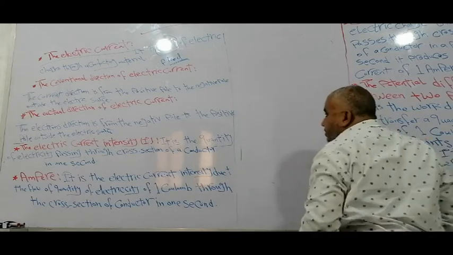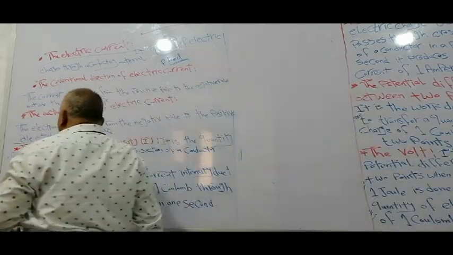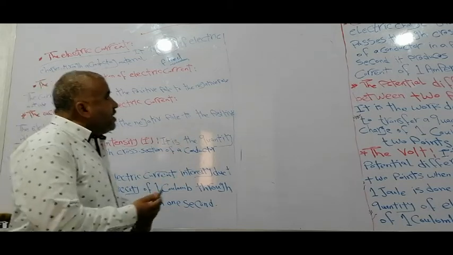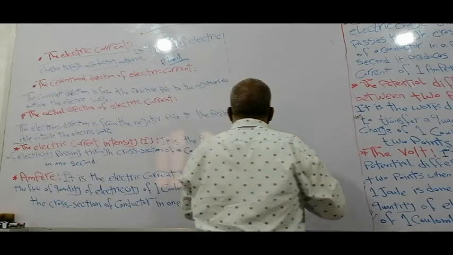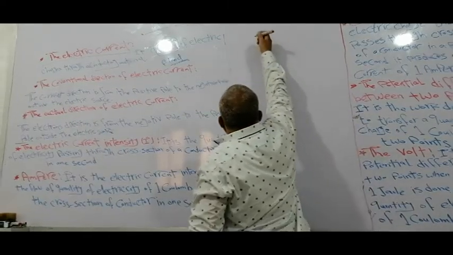What's the difference between actual and conventional? Which of them is correct and which is incorrect?